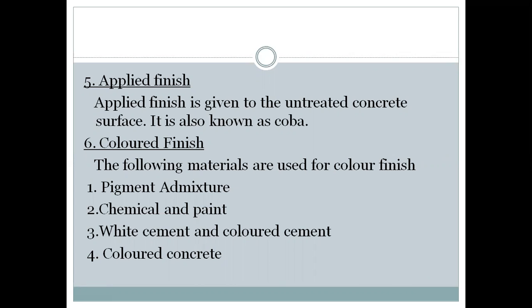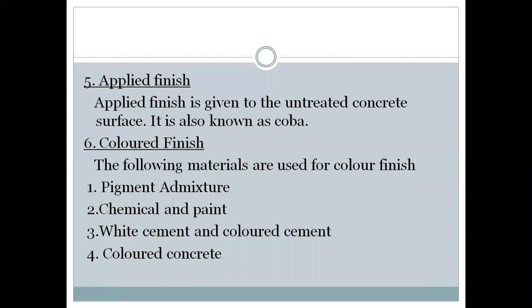Colored finish. The following materials are used for the colored finish: pigment, admixture, chemical and paint, white cement and colored cement, colored concrete. So colored finish is one type in which we can use colored concrete or colored cement, so that the surface will be in a color selected to achieve the desired appearance or to increase the look of the buildings.